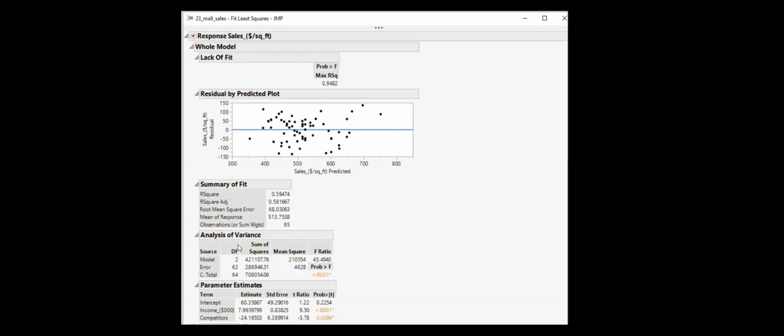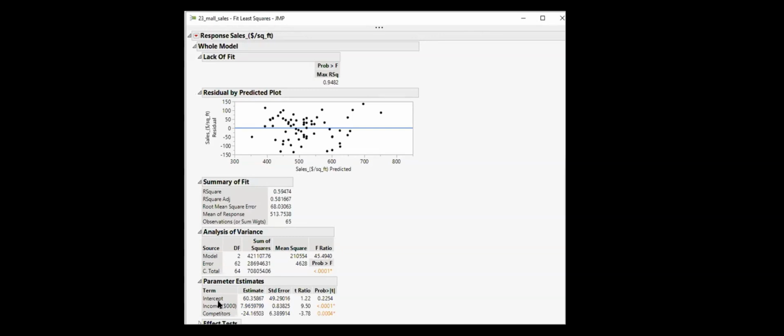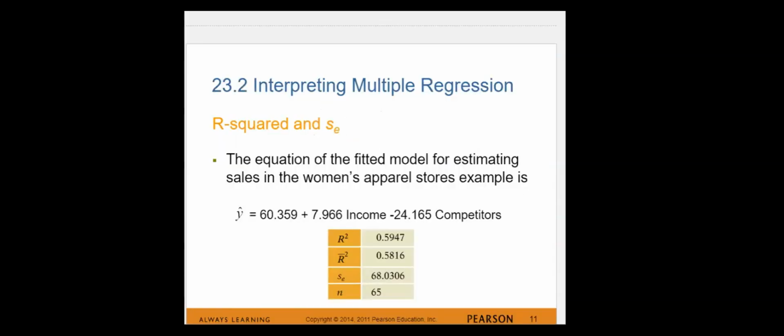Analysis of variance, I will explain it to you. And also we have the model, right? The intercept, 60.3 plus 7.9 times the income minus 24.16 times the competitors. Let's check that and see if that's correct. 60 is correct. 7.9 times income minus 24 times competitors. Same answer we have here.